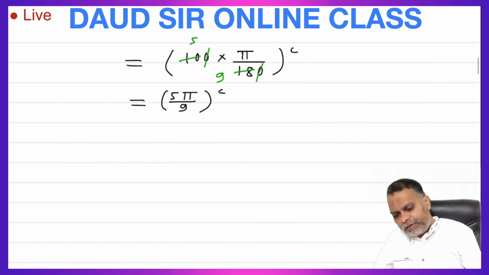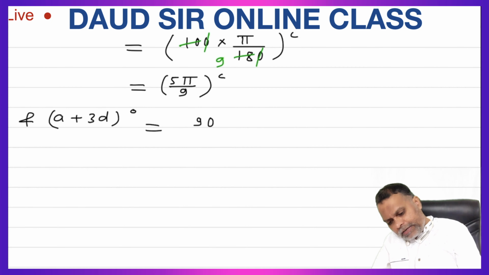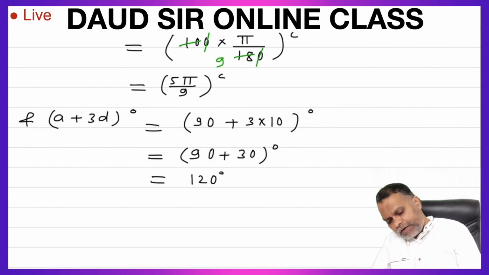And one more angle, A plus 3D degree. A is equal to 90 plus 3 into D, 10 degree, which is equal to 90 plus 30, 120 degree.